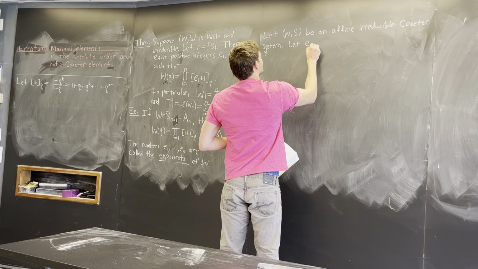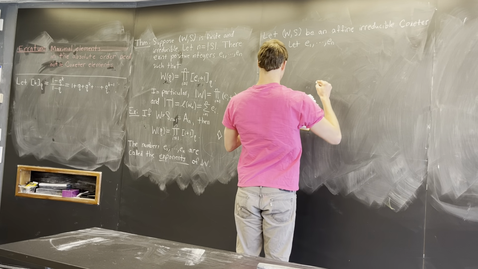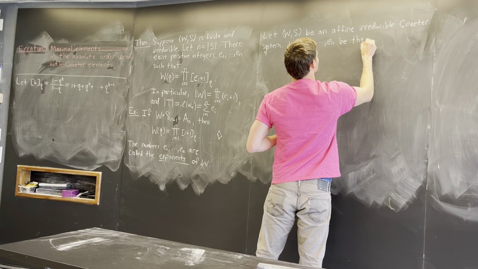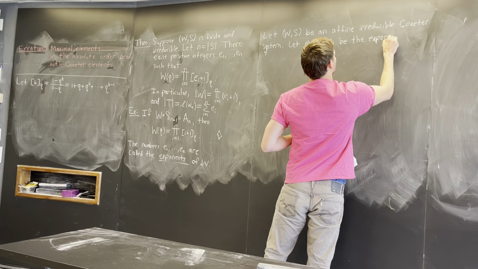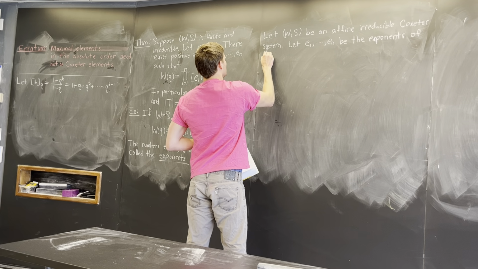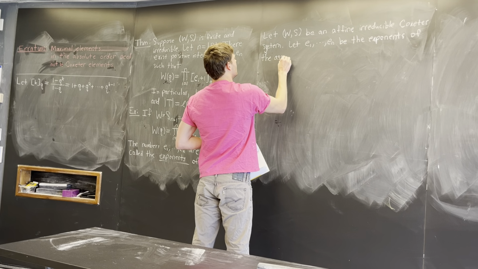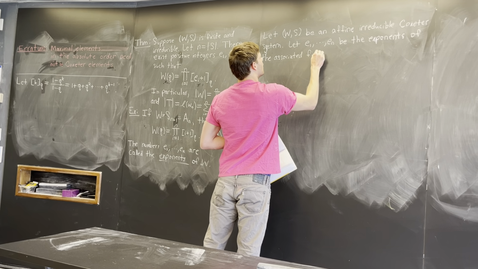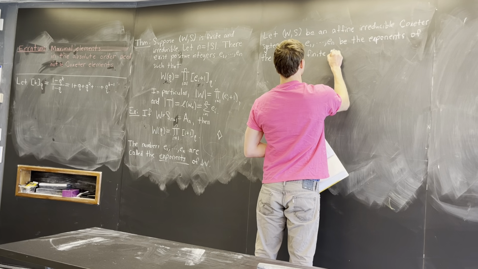We let e_1 through e_n be the exponents of the associated finite Coxeter group.